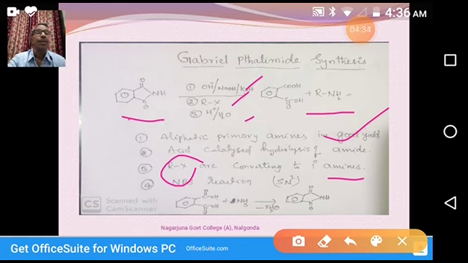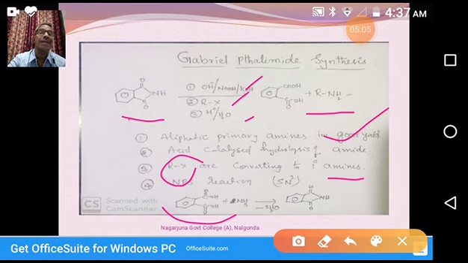So what is phthalimide, and how can we prepare it? Phthalimide is a derivative of ammonia and phthalic acid. What is phthalic acid? This is phthalic acid, benzene dicarboxylic acid, a benzene which has 2 carboxylic acid groups, generally in the ortho position.